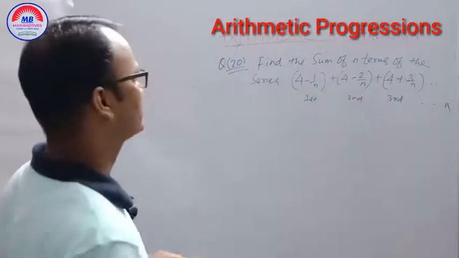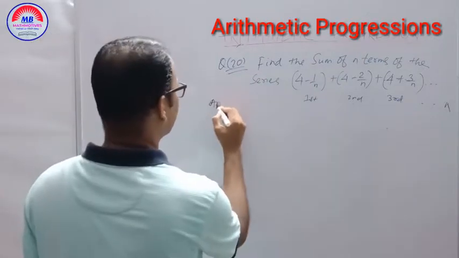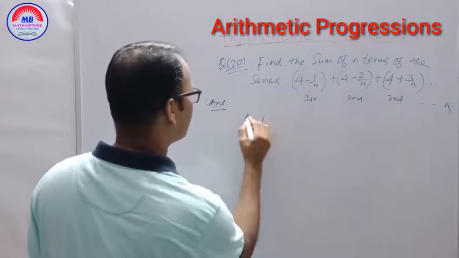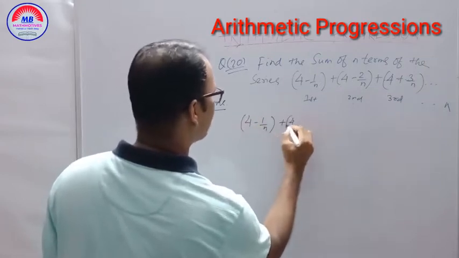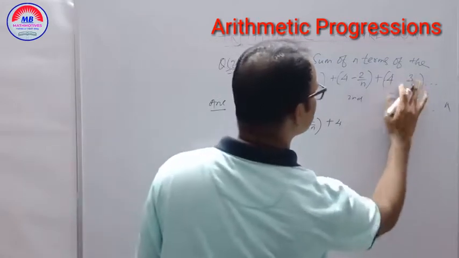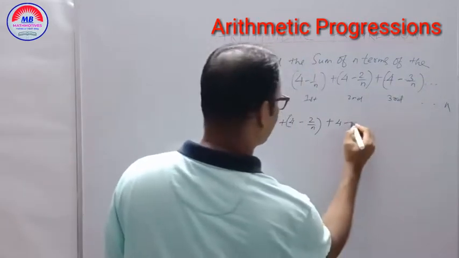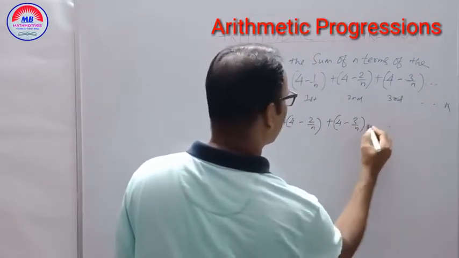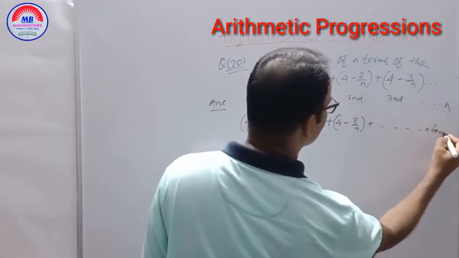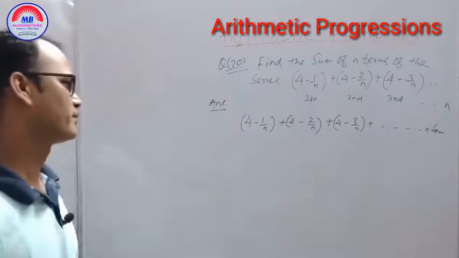Clear? So here we can write this series as 4 minus 1 by n plus 4 minus 2 by n plus 4 minus 3 by n, up to n terms.